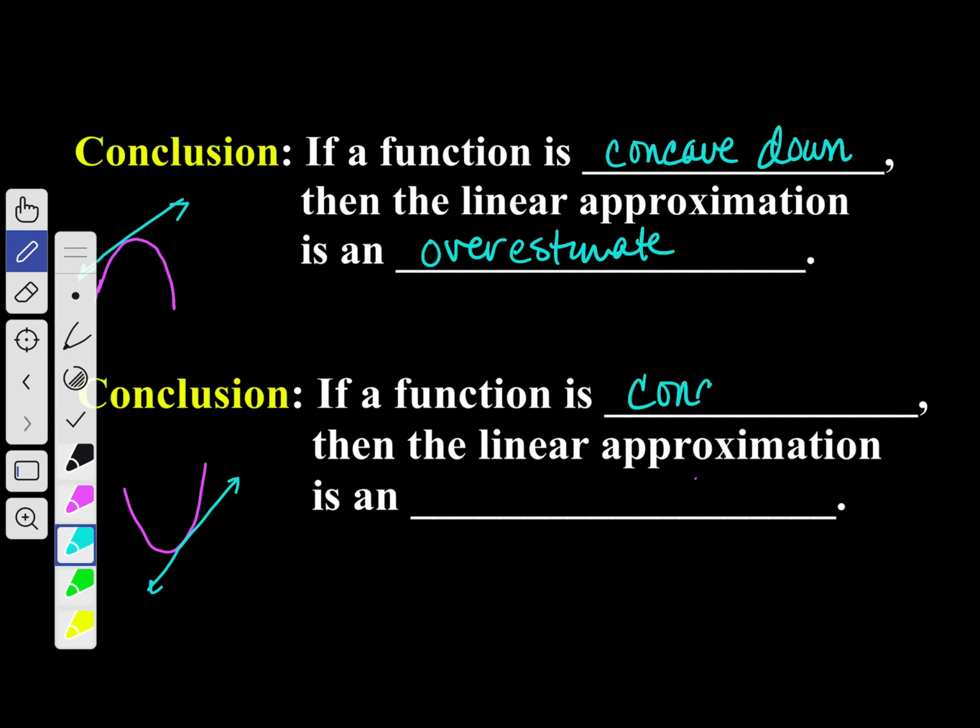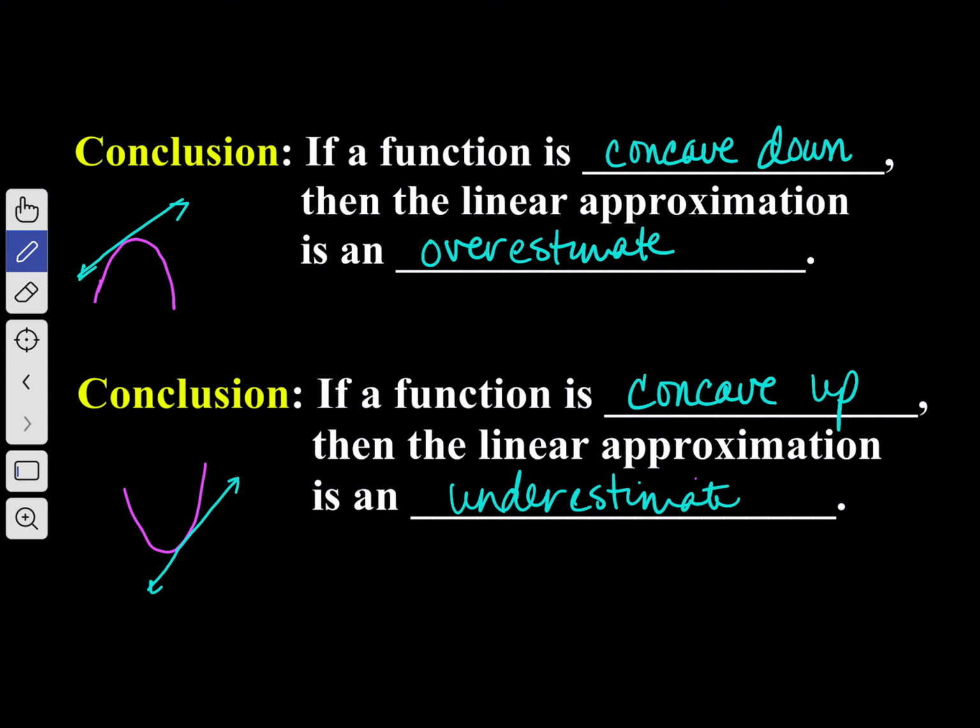And if the function is concave up, then the linear approximation is an underestimate because the tangent line is below. And we'll talk about concave up and concave down in a later discussion.